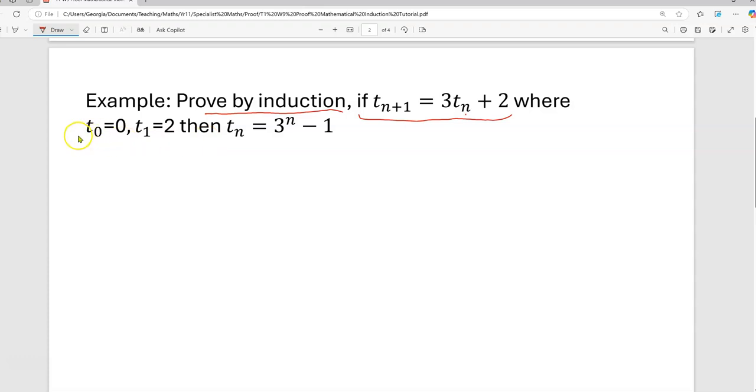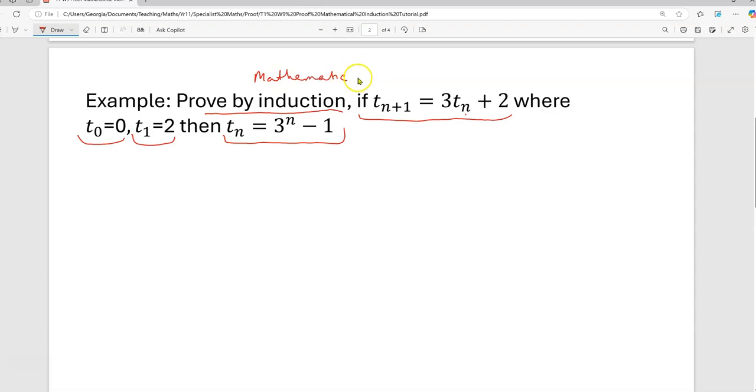And here are some starting values: T subscript 0 is equal to 0, and T subscript 1 is equal to 2. And this is the formula that we need to prove applies for this particular recurrence relation when it starts off with these two values.